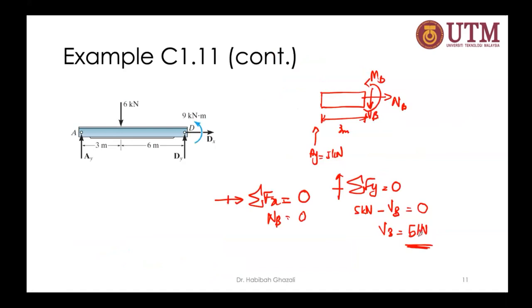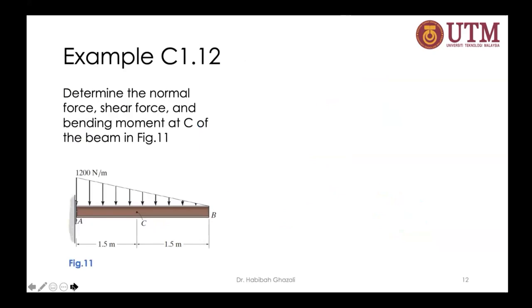Okay, and you can finish up by summing moment at point B, positive, so that you will get 15 kilonewton meter, and that would be positive as well. So try that. I will post that solution if you need it in Instagram, and I will post this solution as well later, maybe this afternoon.